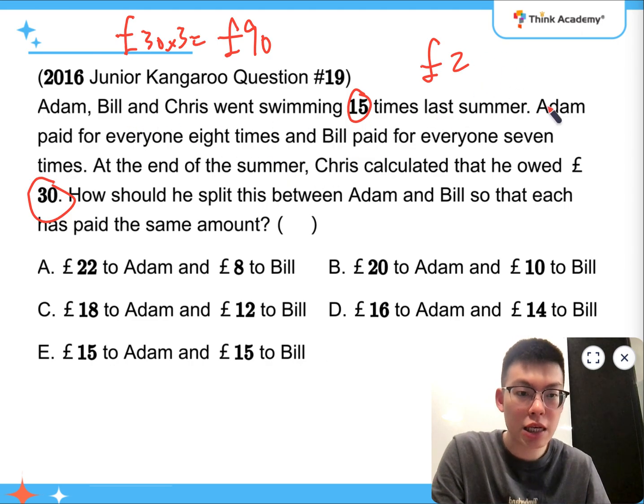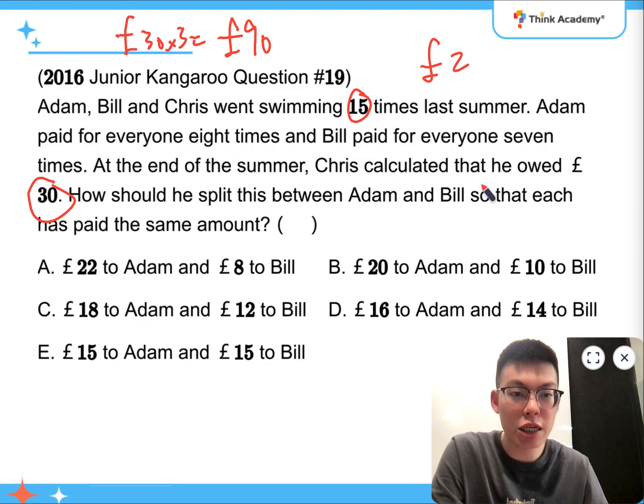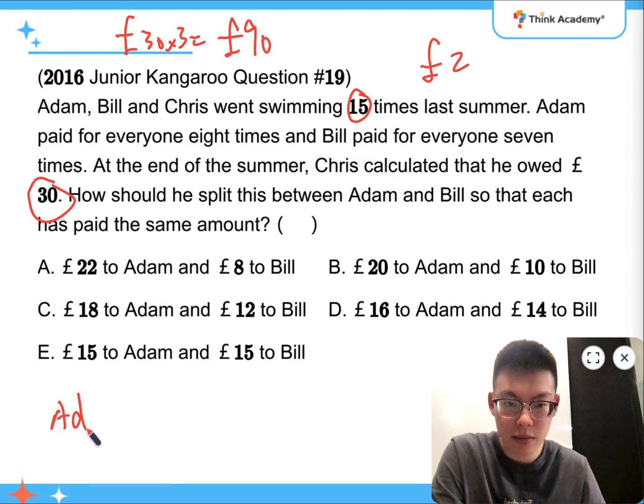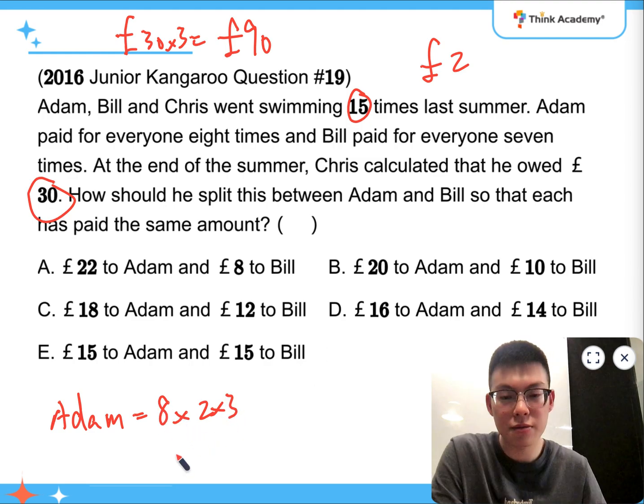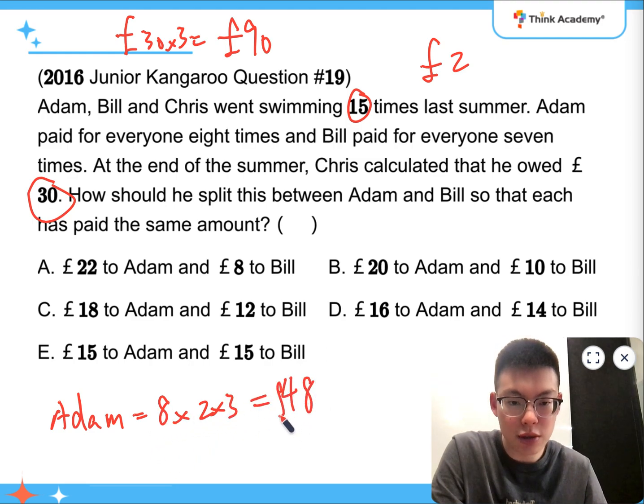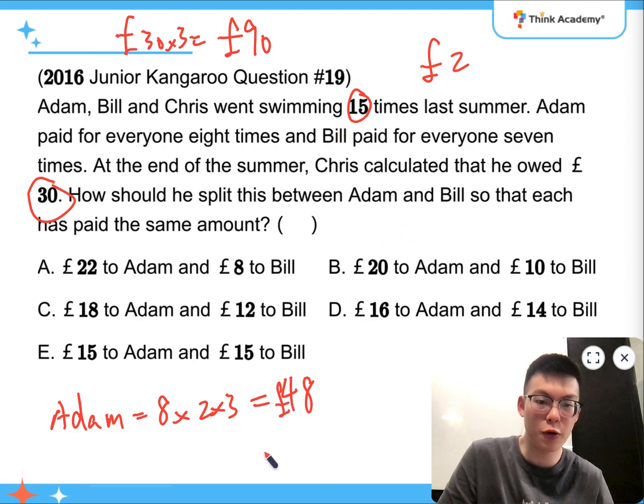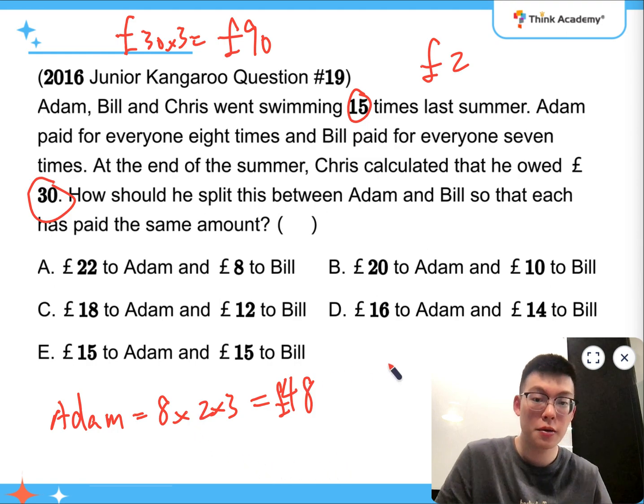It means that Adam has paid 8 times 2 times 3, which is £48. And Bill, of course, the remaining £42.